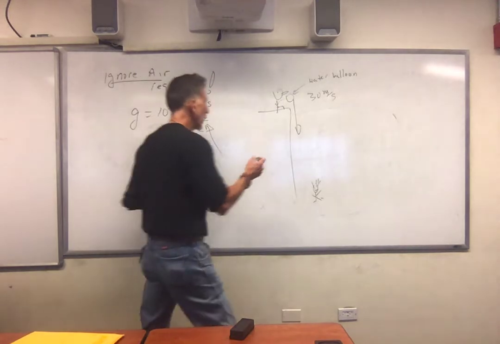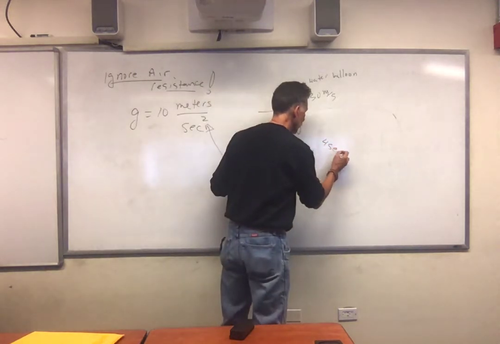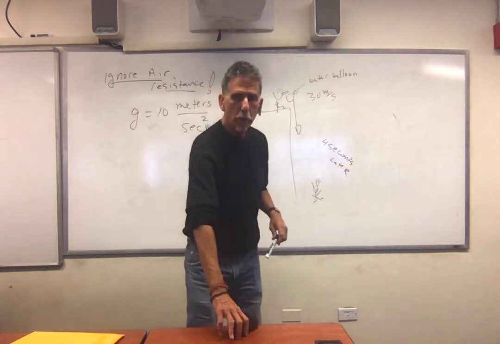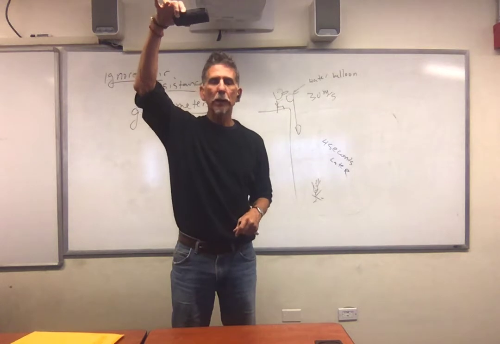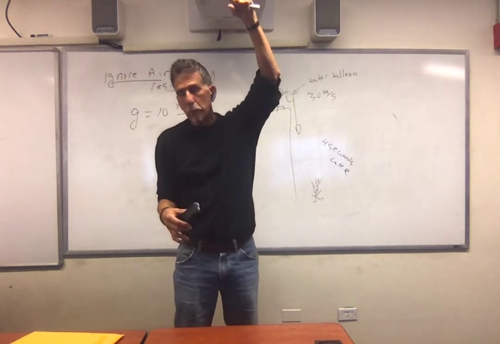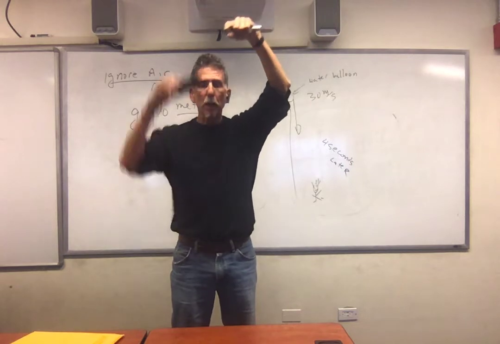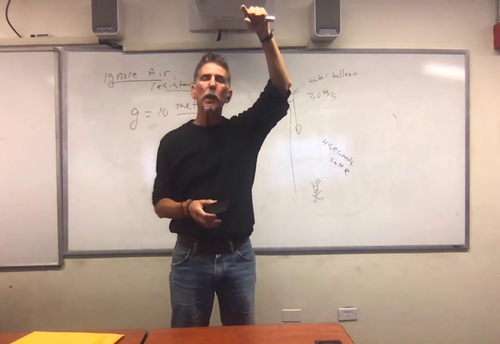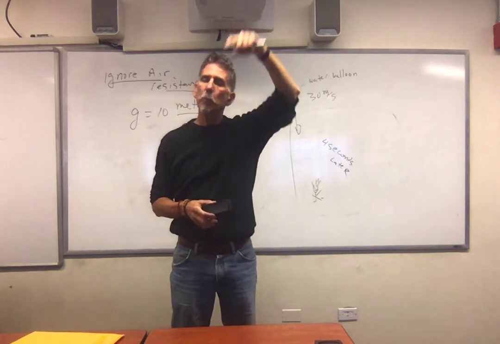So 4 seconds later, if I dropped the water balloon, then you understand the initial speed is 0. 4 seconds later, the speed would be 40 meters per second, because every second, the speed is increasing by 10 meters per second.